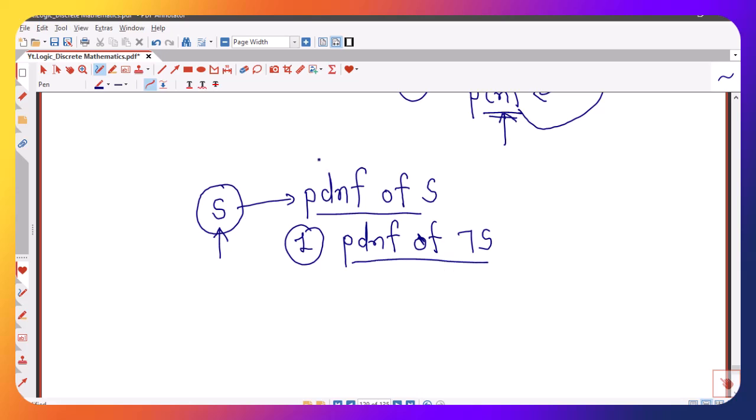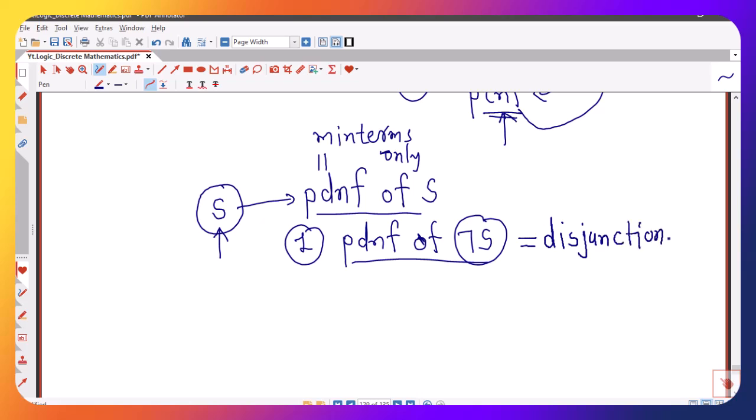We know that the principal disjunctive normal form is nothing but a disjunction of min terms only, and we know that in writing the PDNF we might have used some of the possible min terms. So the principal disjunctive normal form of negation S will be equal to the disjunction of those min terms which are not used in the principal disjunctive normal form of S. So this is going to be the disjunction of the remaining min terms.